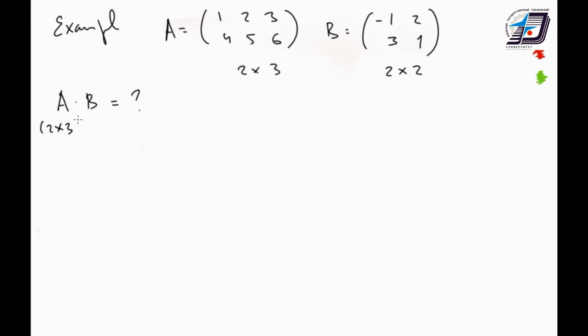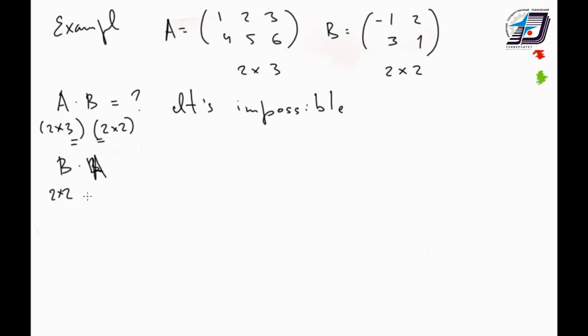You can firstly check the size of these matrices. It is 2 by 3, 2 by 2. You can notice the external numbers are not equal, so it is impossible to calculate. Impossible.